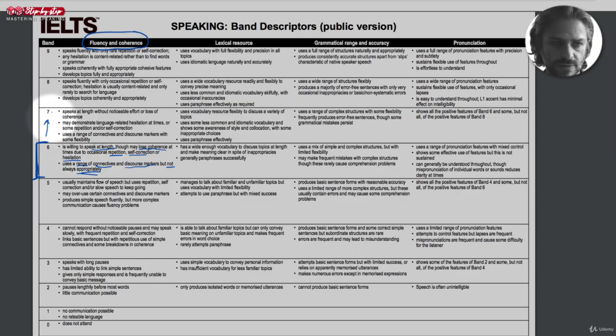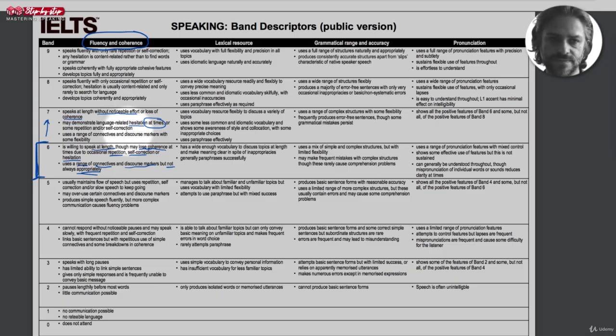What you can start to do to improve that is to speak at length, but without any noticeable effort, and there is no loss of coherence. So I can still follow what you're saying generally. There is some language-related hesitation at times, but at times means not regularly, just every now and then.